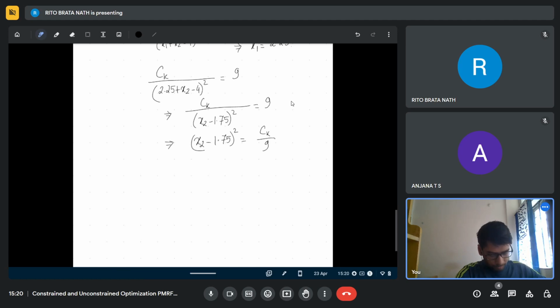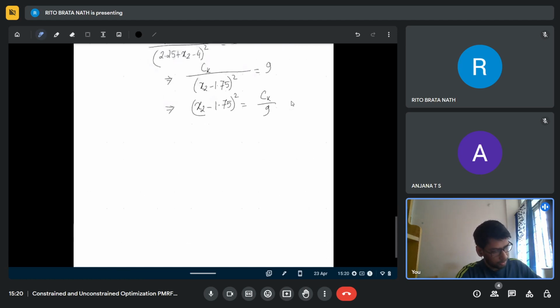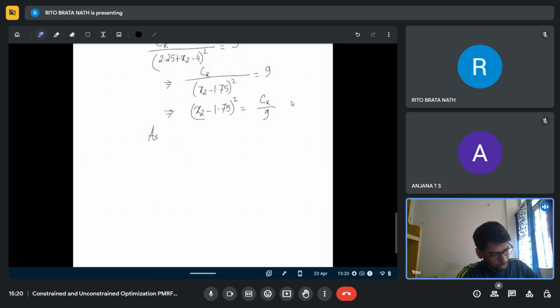Now, for this method, as ck tends to 0, your solution moves towards optimality. So x2 minus 1.75 whole square is also tending to 0. That means x2 is 1.75 at optimality. Actually it should be a small x2.